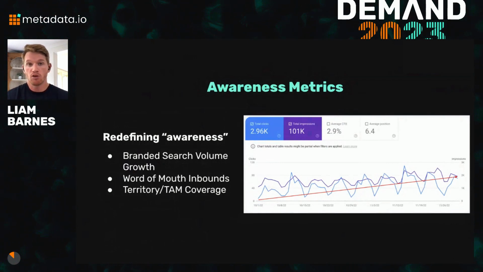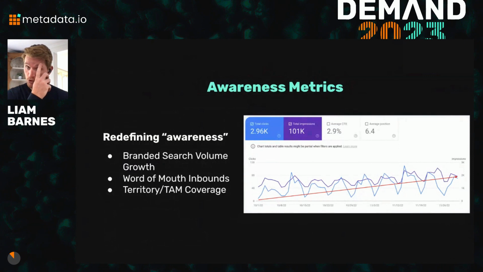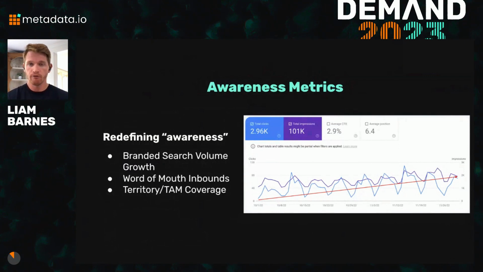The next one being word of mouth inbounds, right? This has been a very hot topic as of recent. How many people are telling you that they heard about you from a friend, a colleague, or somebody else? Another very strong brand awareness metric. And the last one is territory or TAM coverage.